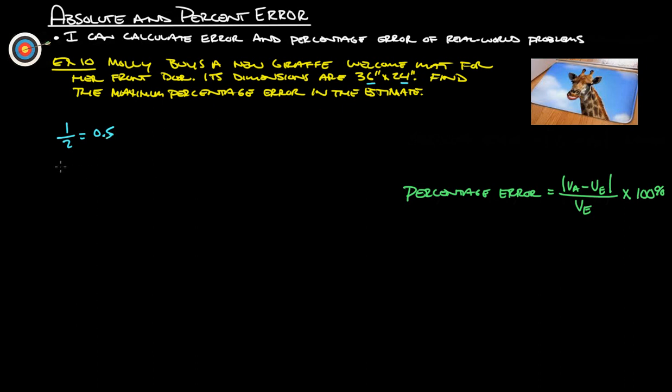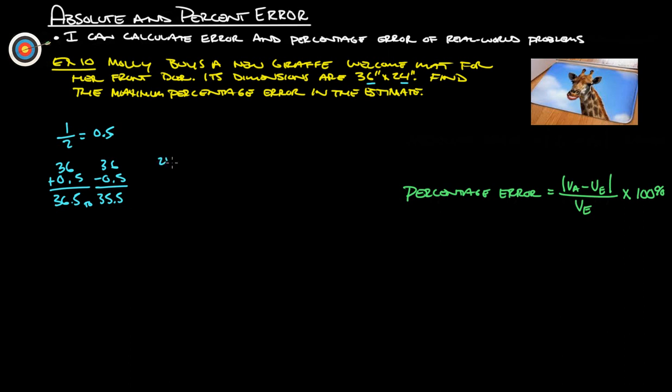So we have to figure out the maximum and the minimum, and then figure out what the percentage error would be. We do 36 plus 0.5, which is 36.5, and 36 minus 0.5, which gives us 35.5. That's the biggest it could be and the smallest it could be.